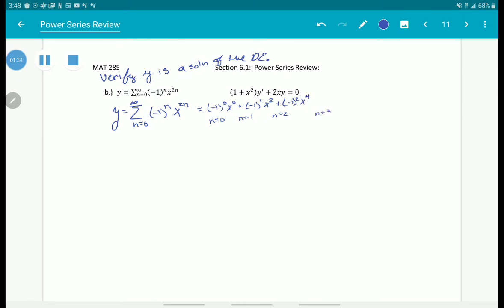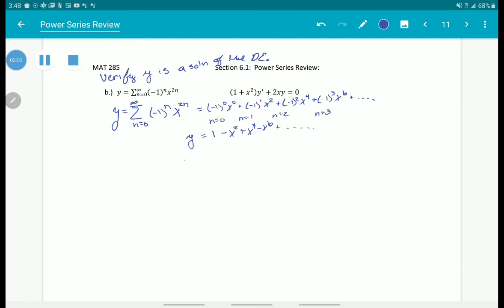If n is 3, negative 1 cubed, x to the sixth, and so on. So just to reduce what's going on here, this is going to be a positive 1, so we do have a constant for that first term. Minus x squared plus x to the fourth minus x to the sixth. And then so on. So you can see what that pattern looks like.